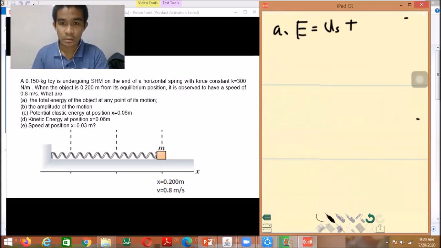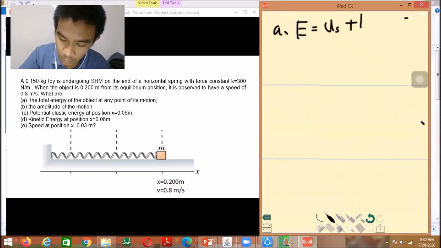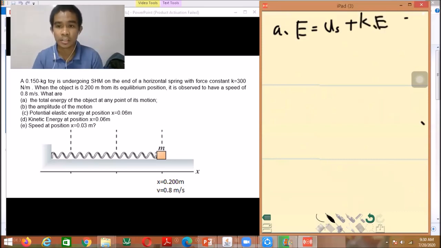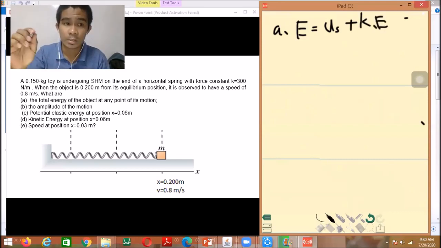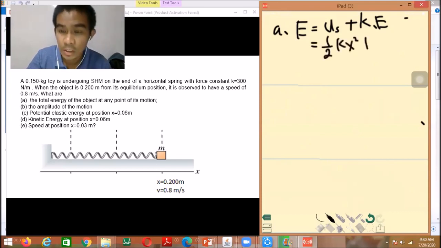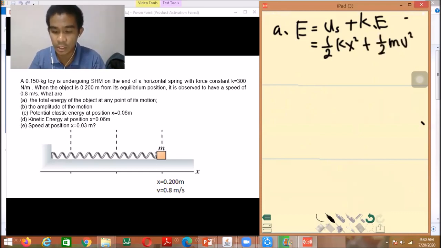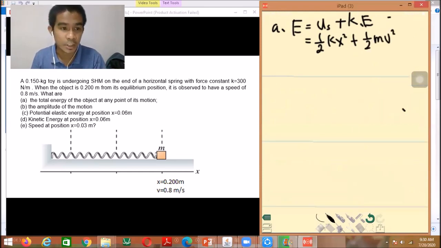Now we know that the total energy equals the elastic potential energy at a certain position plus its kinetic energy at that position, which is 1/2 kx squared plus 1/2 mv squared. 1/2 mv squared is the kinetic energy.